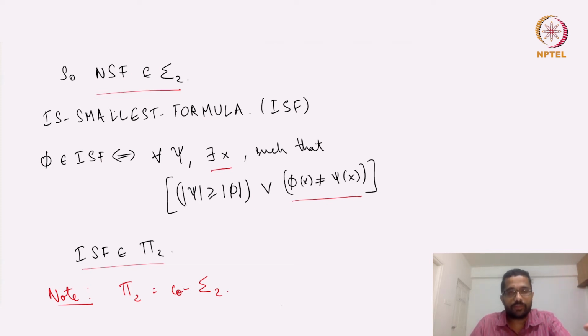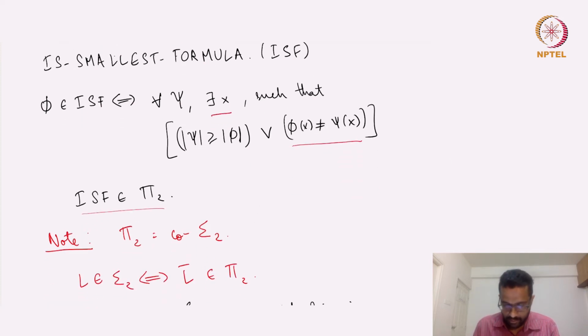If it is not the smallest formula, it's a negation, right? And this is another illustration to show that anything in pi 2, if you take the complement, is in sigma 2, and vice versa. That is what I have written here in other words, that pi 2 is co-sigma 2.